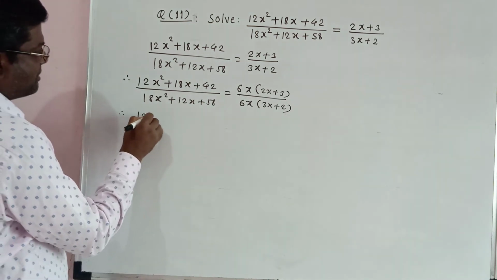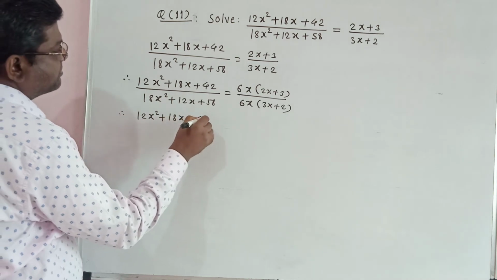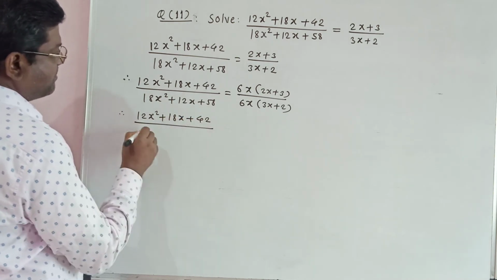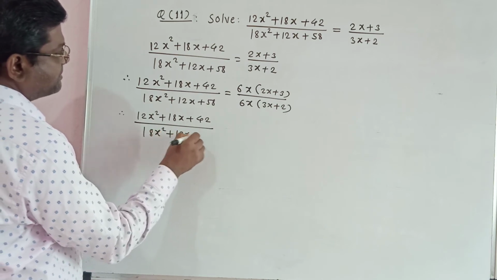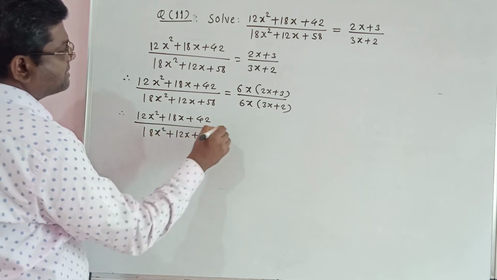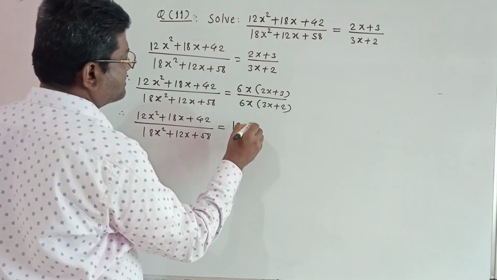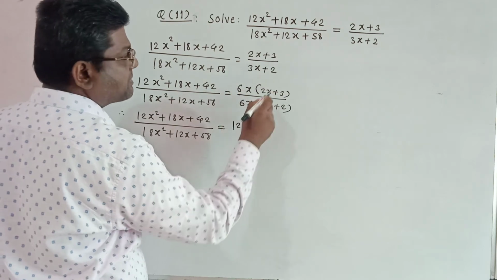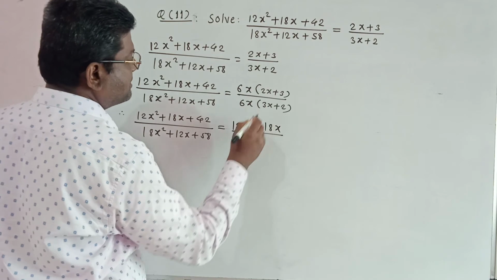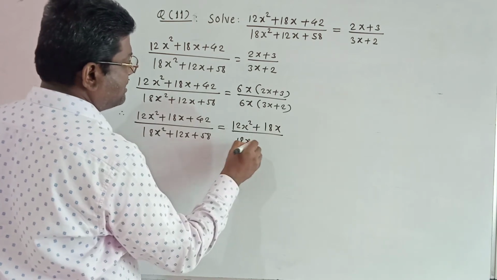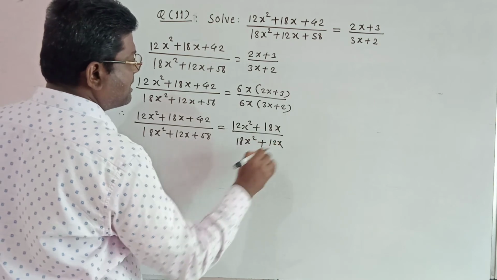Therefore (12x² + 18x + 42)/(18x² + 12x + 58) is equal to 6x into 2x is 12x², plus 6x into 3 is 18x, upon 6x into 3x is 18x², plus 6x into 2 is 12x.